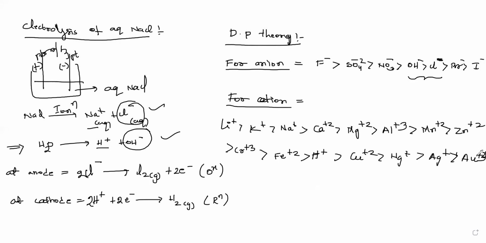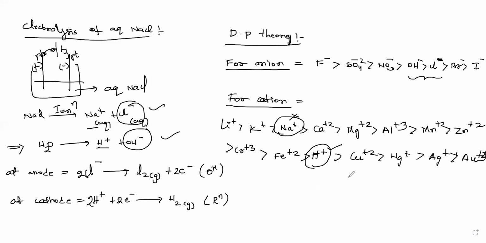The one with the highest dP does not get involved in the reaction; the one with the lowest dP is involved in the reaction at the electrode. In the above example, of Na plus and H plus, H plus has the lowest dP compared to Na plus. That's why Na plus is not involved, H plus is involved in the reaction at the electrode.